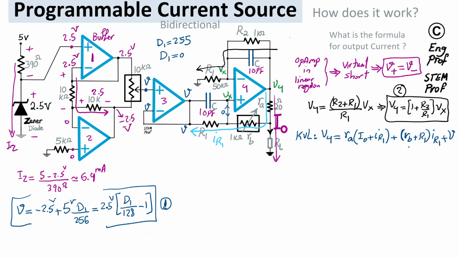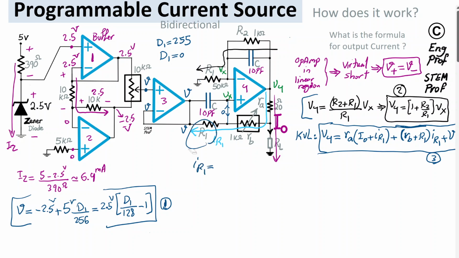The only thing I can say is I can also compute IR1 quickly. So this was equation 2. Let's refer to this as equation 3 here. So this one is equation 3. And then let's write the equation for, let's say, IR1. This current, blue current, is equal to the voltage drop across R1 divided by the value of R1.